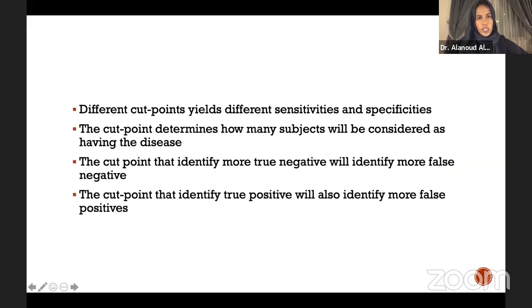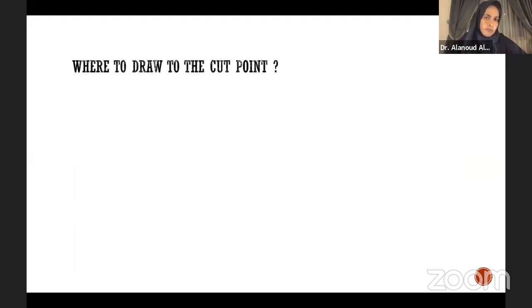The cut point determines how many subjects will be considered as having the disease, and the cut points that identify more true negatives will identify more false negatives, and the cut point that identifies more true positives will also identify more false positives. Okay, it's still not easy.